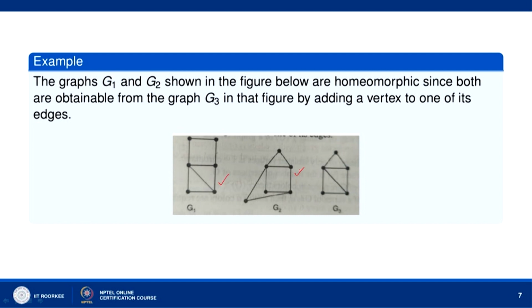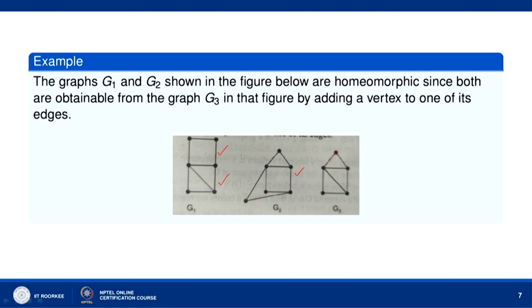We will see that both of them are homeomorphic, because both can be obtained from the graph G3 by adding a vertex to one of its edges. If you add one vertex on either this edge or this edge of graph G3, then you can get this graph G1.